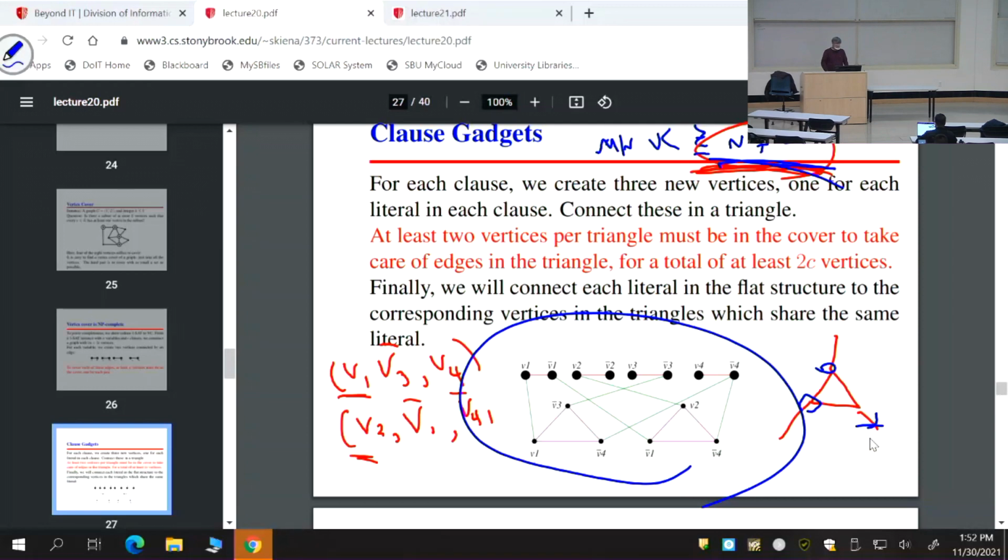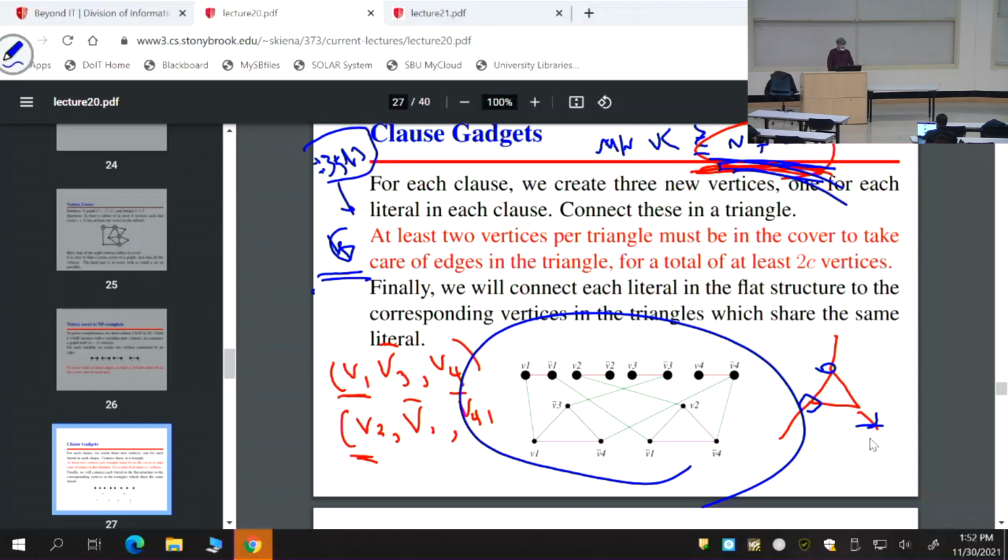So what am I now doing? I have shown a translation from a 3-SAT problem to a graph G, such that this graph has a vertex cover of this size if and only if the original thing was satisfiable.